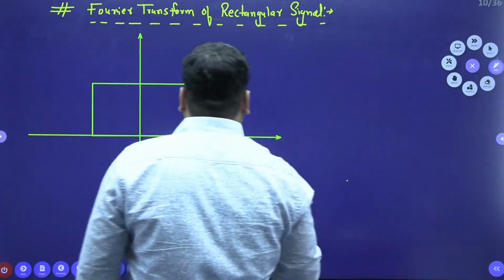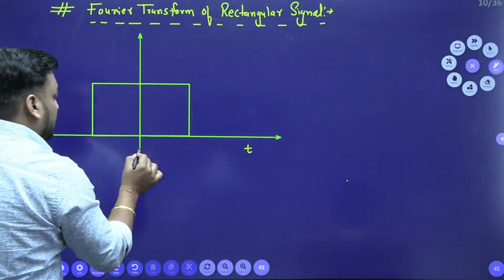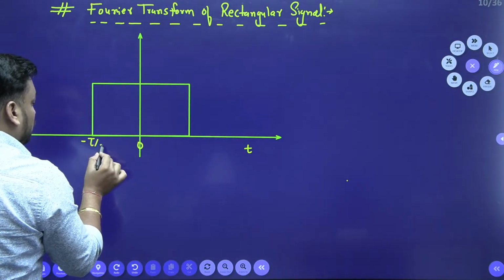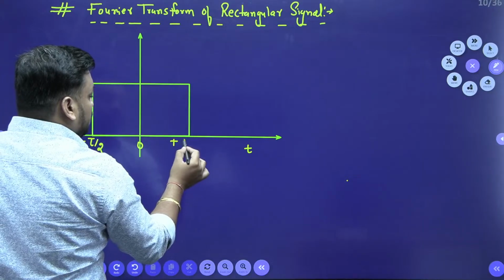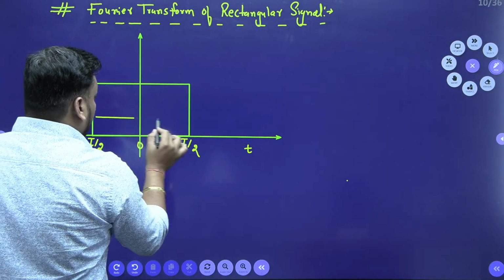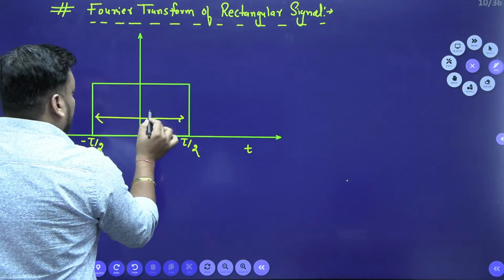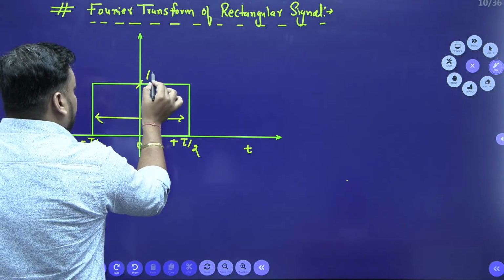Here, dear student, we have the time domain t, here we have 0, here we have minus tau by 2, here we have plus tau by 2, here we have the overall duration tau, and here the magnitude is A.